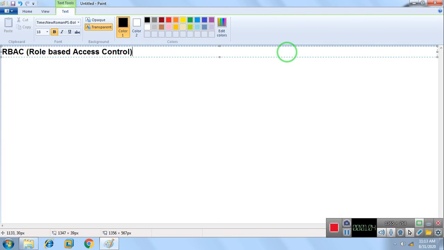So if you want to give access to users, the first thing we need to understand is what RBAC is.